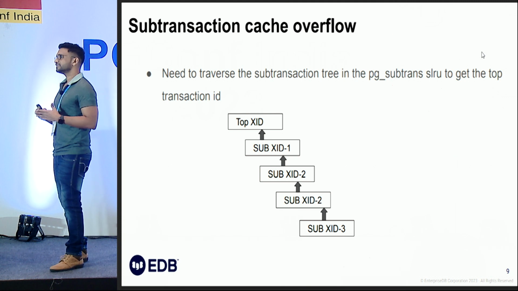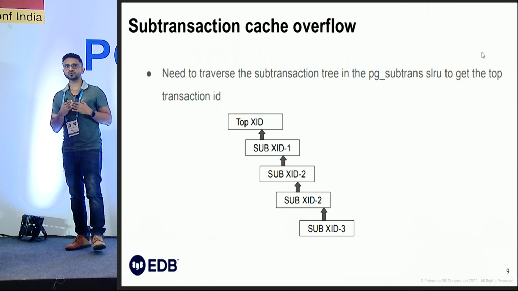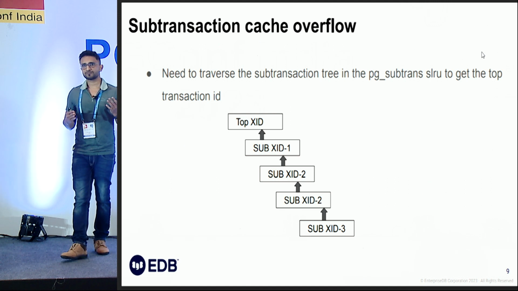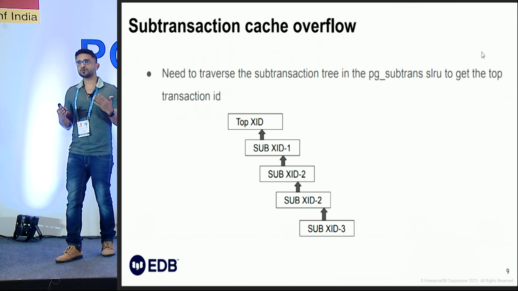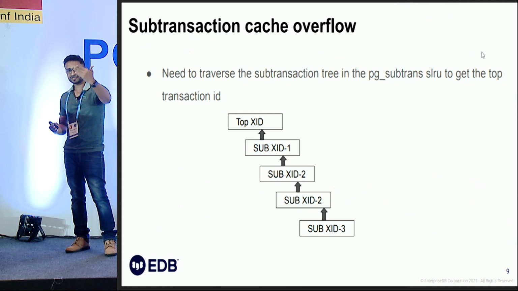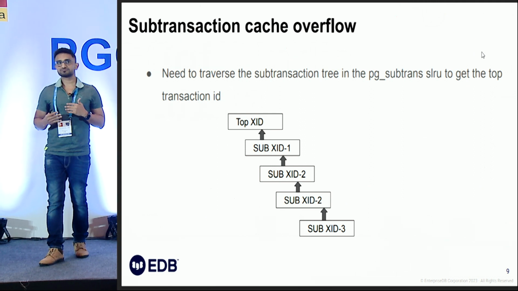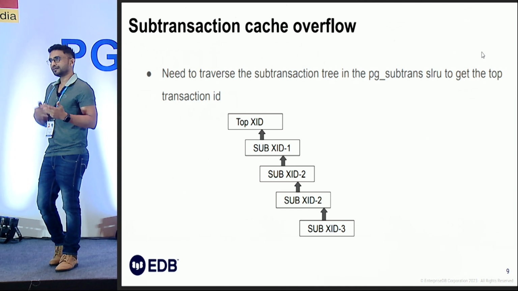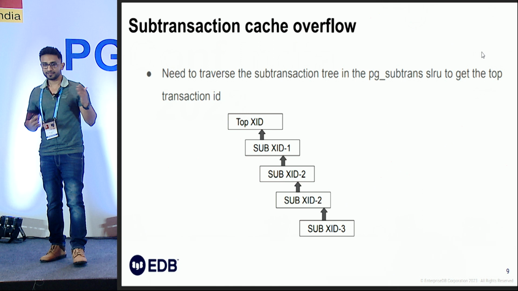Along with that, I have seen some more problems, like if the subtransactions you create are getting created in the form of a tree. Like if you have a top transaction, the first subtransaction is a child of that, the second subtransaction is a child of that, and the third is a child of that, and so on. So if you create 64 or 100, 300 subtransaction IDs, the depth of the tree will be really, really big.